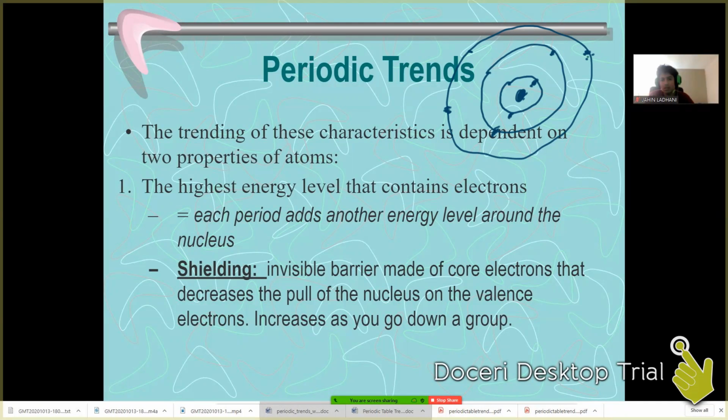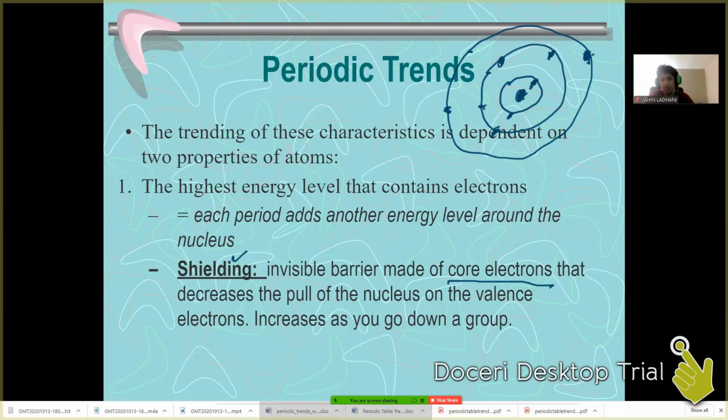So that means that atom would not be able to hold on to those valence electrons as well, the more energy levels there are. One of it is just because of the distance, and the other one is because of something called shielding. And shielding is an invisible barrier made of core electrons, and core electrons are anything that aren't valence. So in this case, it would be the electrons on the second energy level and the electrons on the first energy level. Those would be considered the core. And those core electrons shield the valence electrons from the nucleus.